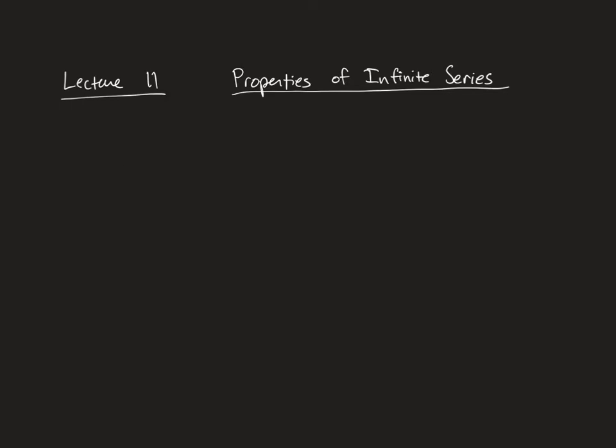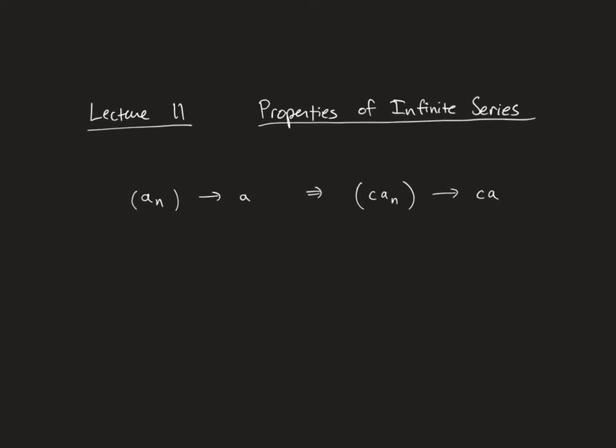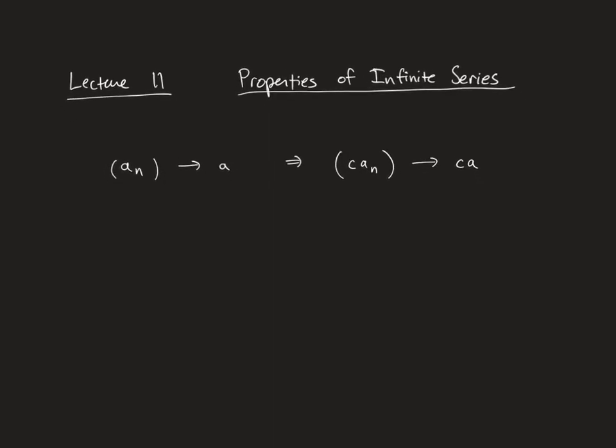So we know we have a theorem that says that if we have a sequence converging to some number, then that implies that if we take that sequence and we multiply each term of the sequence by a fixed constant, then the resulting sequence still converges, and it converges to what you would obviously think, just that same constant times the limit.